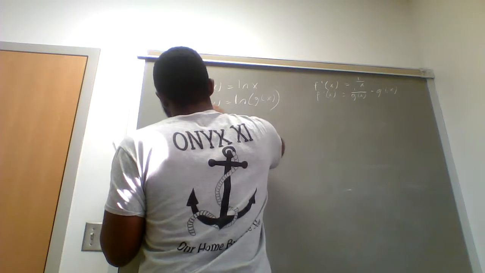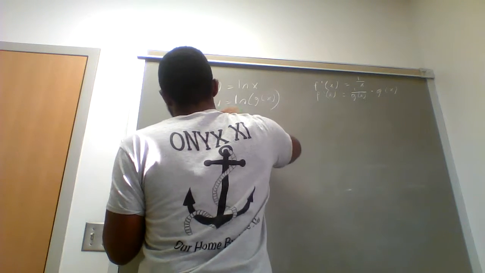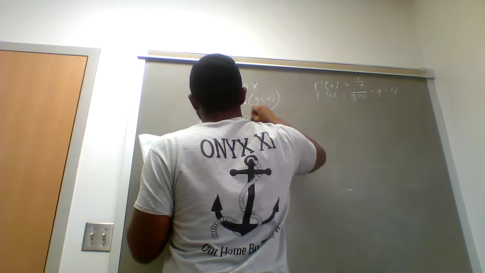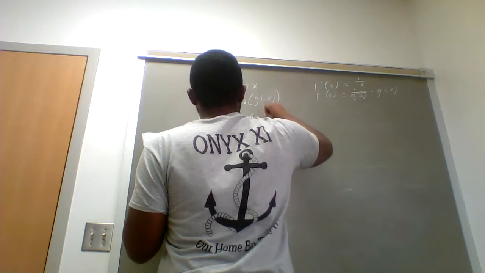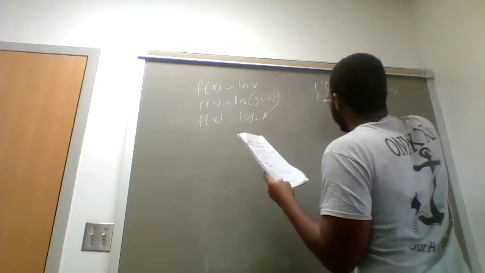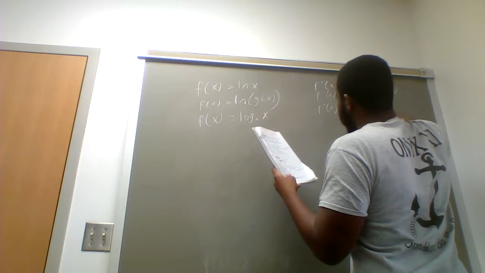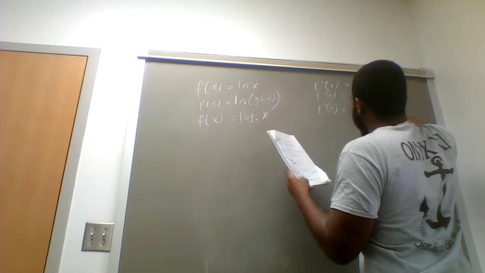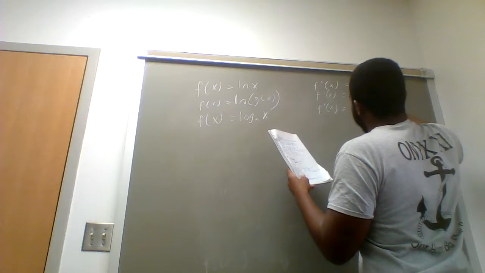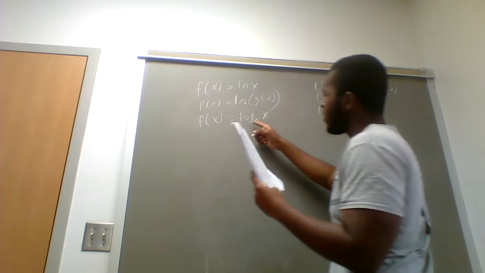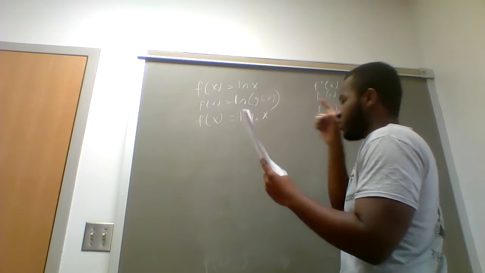Another property is f of x equals log base a of x. The derivative of this would be f prime of x equals 1 over x times the natural log of a, a being the base of this function.